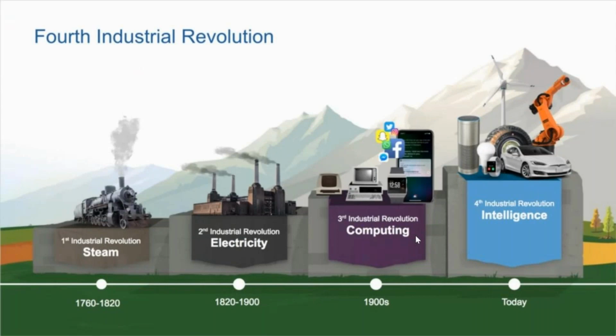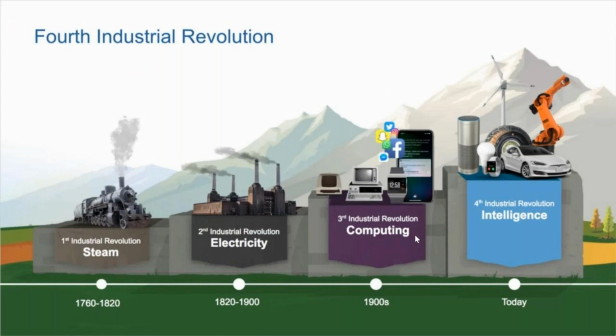I think everyone is aware of it. A very common slide, the industrial revolution slide. So the first industrial revolution is steam, which came in the late 1700s, around 1760. Post that you got electricity, and then in 1900 we got computers, and now we are in artificial intelligence, right?